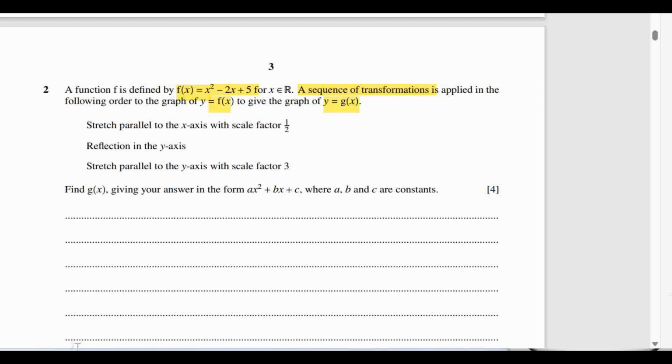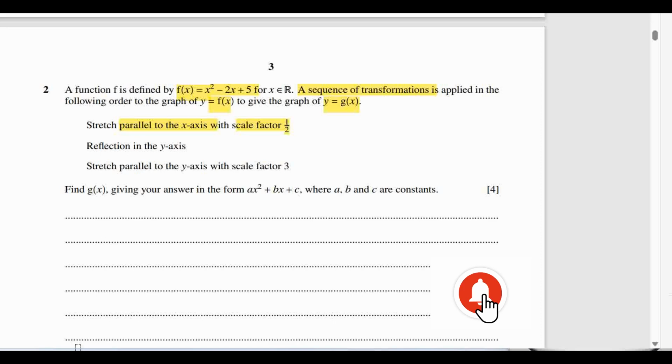Stretch parallel to the x-axis, where the scale factor is 1 by 2, and then a reflection in the y-axis, and then a stretch parallel to the y-axis with the scale factor 3.